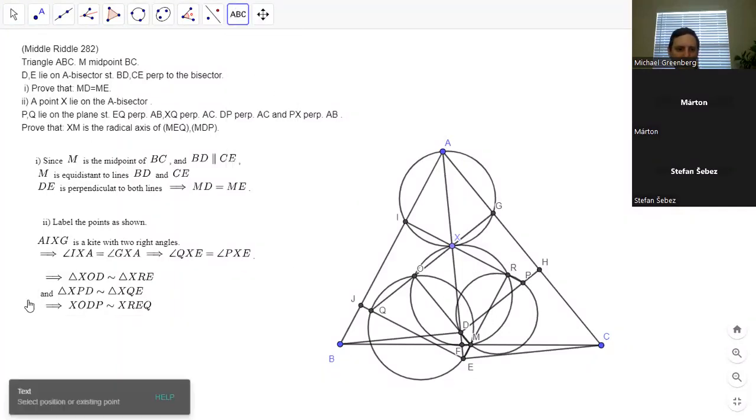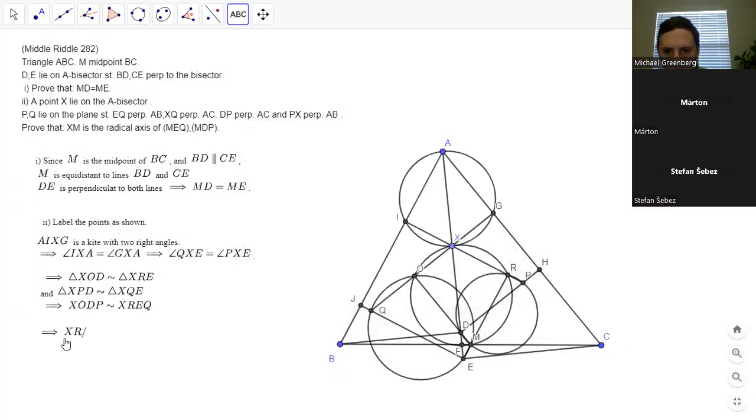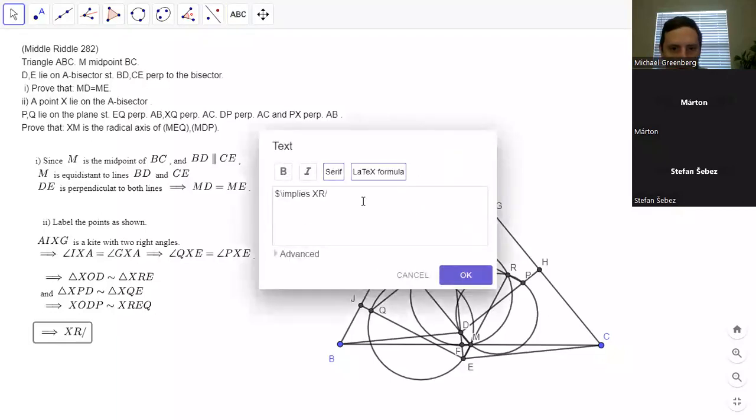So I'll write it like this. So that means that XR over XQ is XO over XP. And that means that XR times XO, or XR times XP, is XQ times XO.